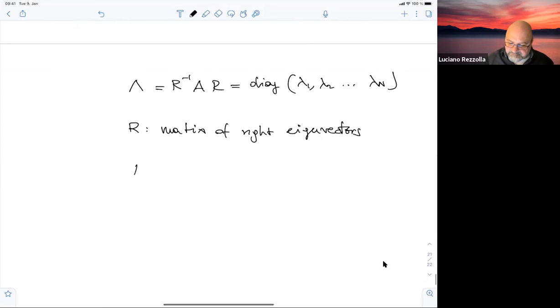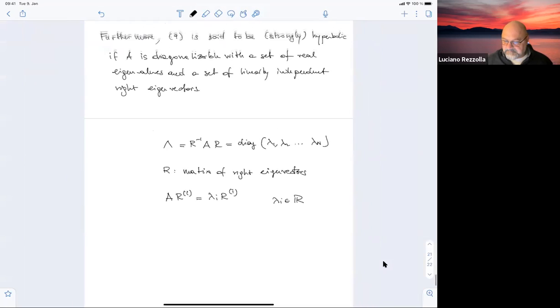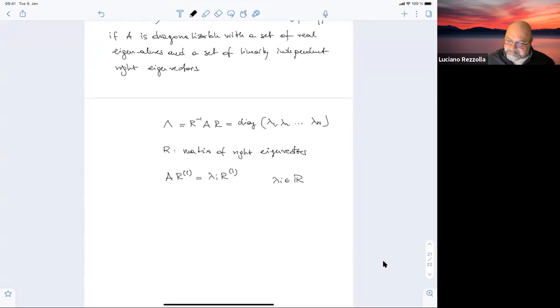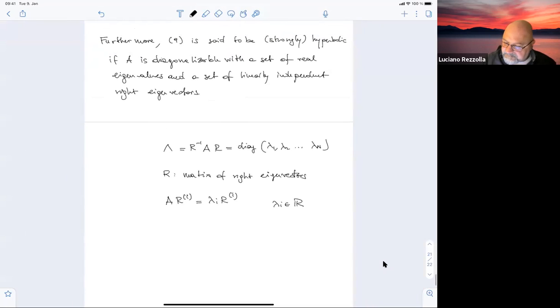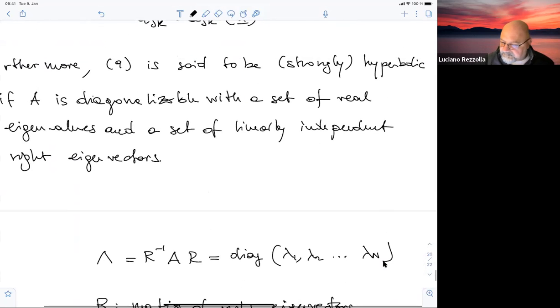By that I mean that A Ri, the ith right eigenvector, would be lambda I Ri, where the lambda I are real numbers. Okay, so this is what I want to say.